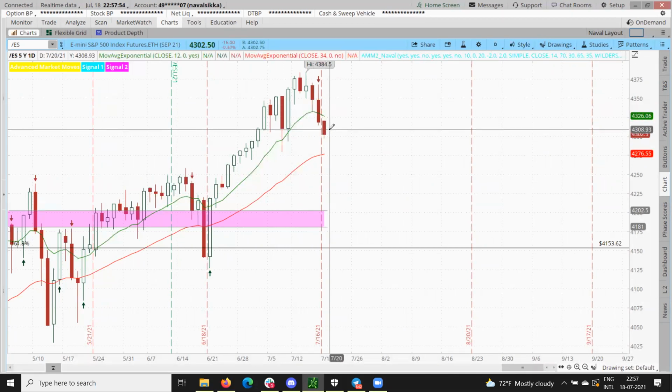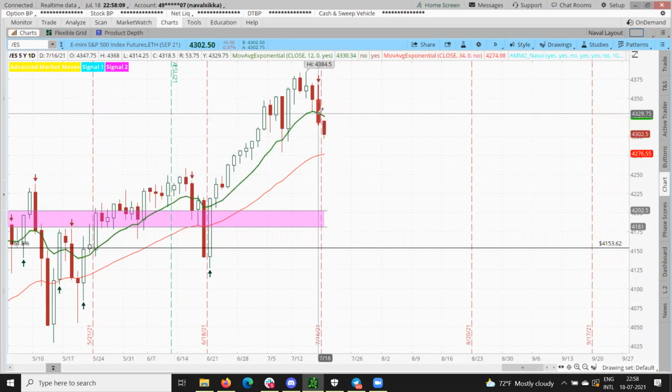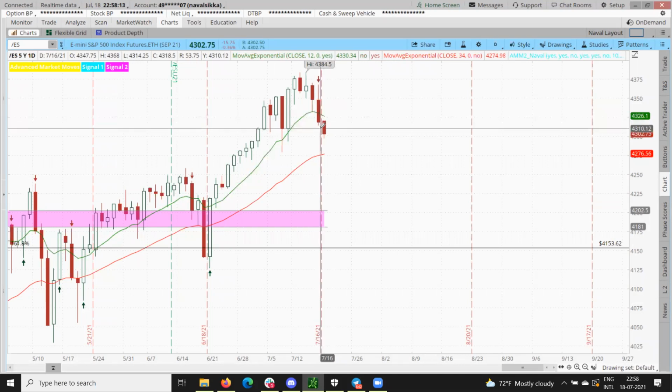This time it breached below it. And as and when it breached, you almost got the 10 pointer. So unless and until we cross above 4310, we are good on the short. So that's how you put on a trailing stop loss. Once it was breached, which was like 4329, you need to wait for this. Once it is breached, you can put your stop loss here and let it go.